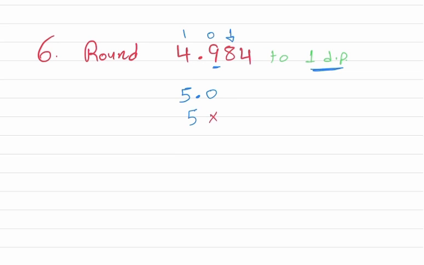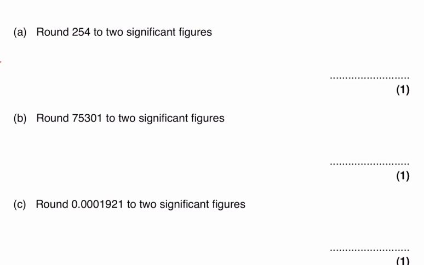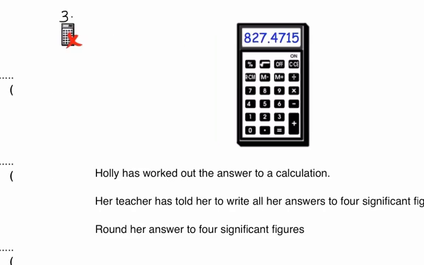You have to write 5.0, since I was asking in the question about one decimal place. After you finish writing and studying the previous examples, I want you to try to solve questions 1, question 2, and question 3.